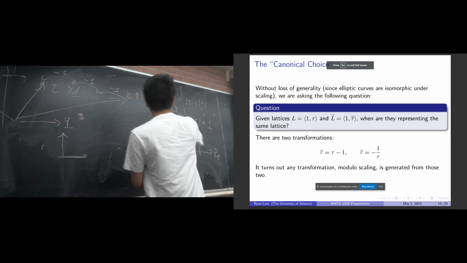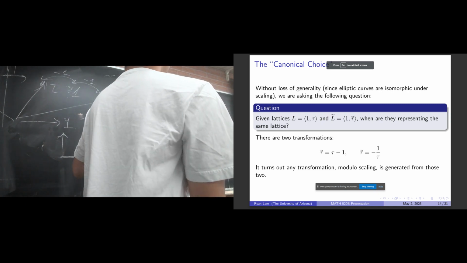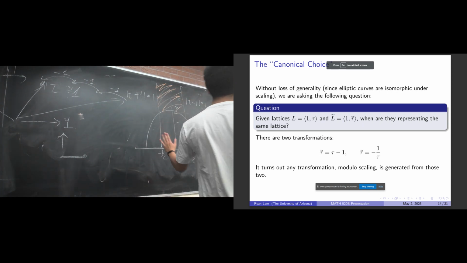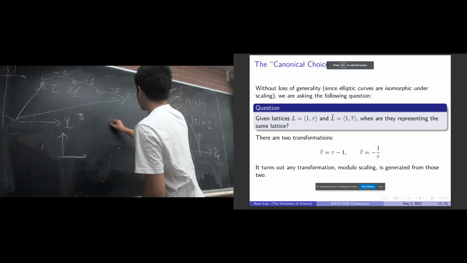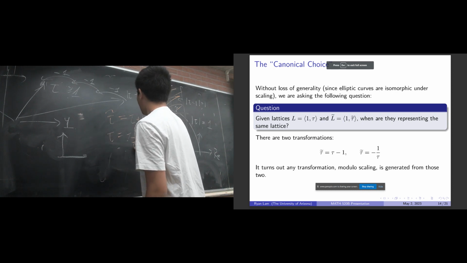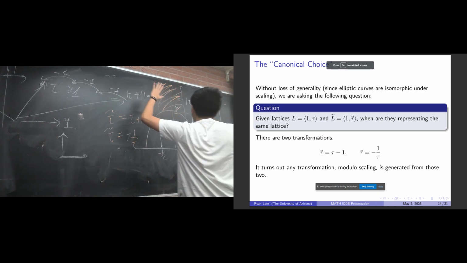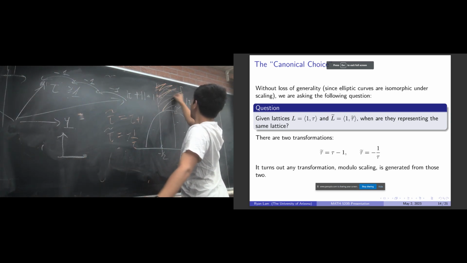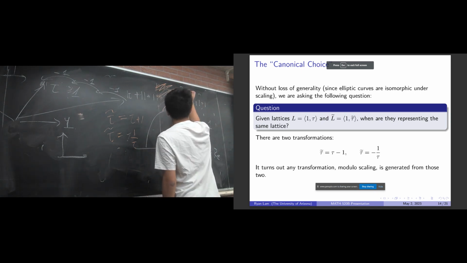That means this region is the tau that we are looking for, with some caveat I need to tell you now. We need to identify tau to tau +1 and tau to -1 over tau, right? So this is not open nor closed, because we need to identify this thing with here. You can see that the transformation is literally tau to tau +1 if I identify this side with this side.